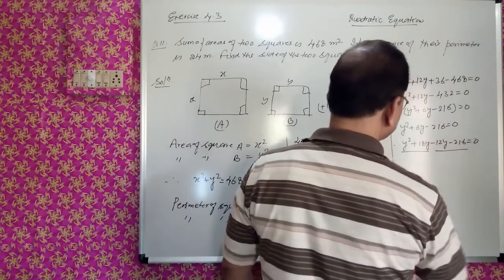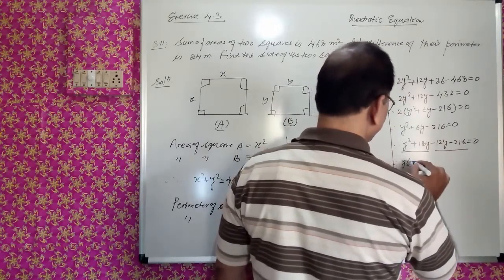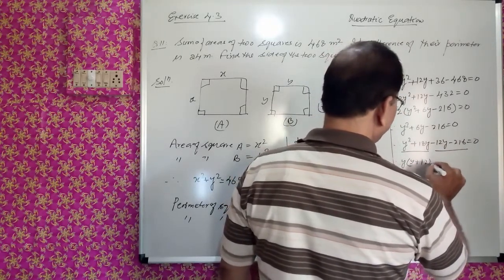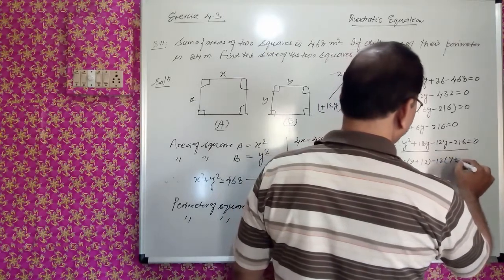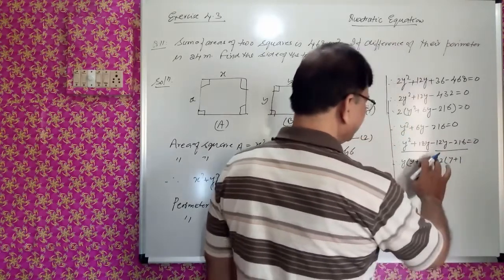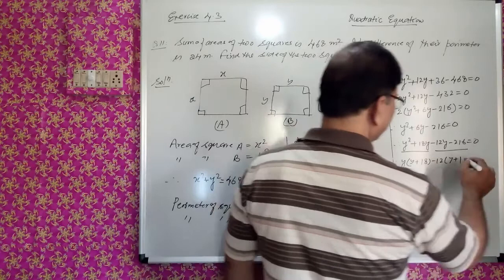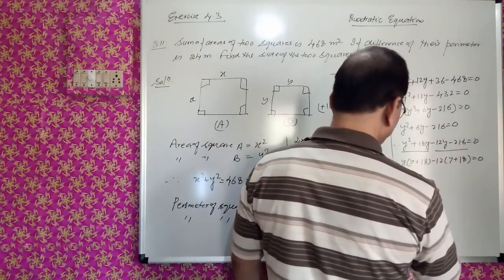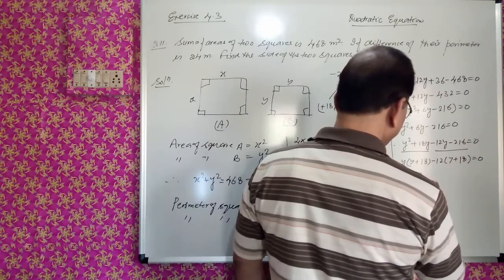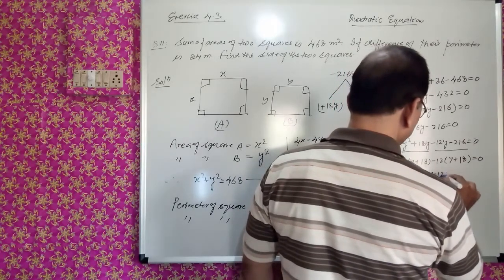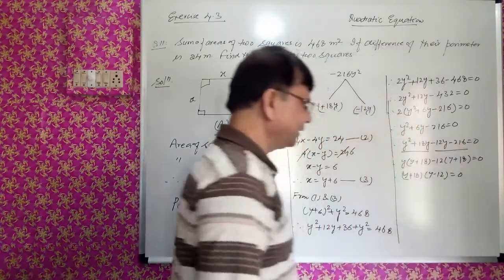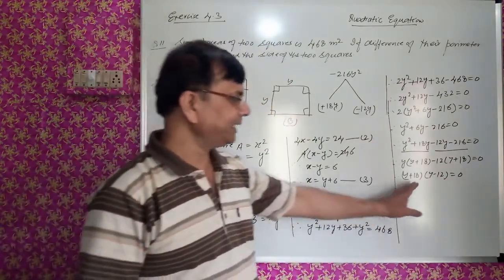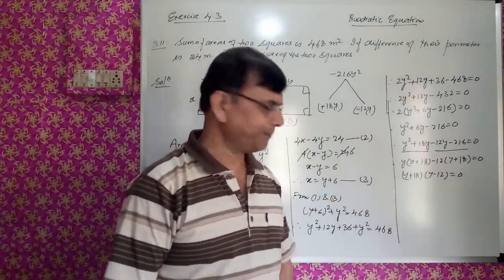From these, y is common: y times (y plus 18) minus 12 times (y plus 18), equal to 0. So the two factors are y plus 18 and y minus 12.